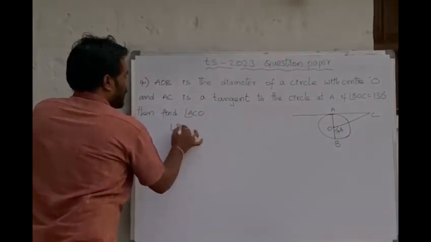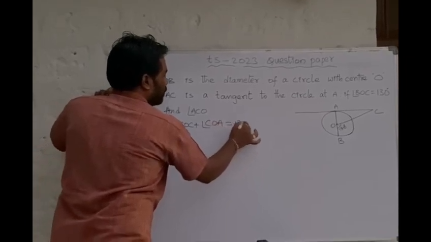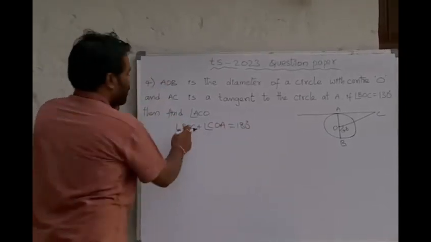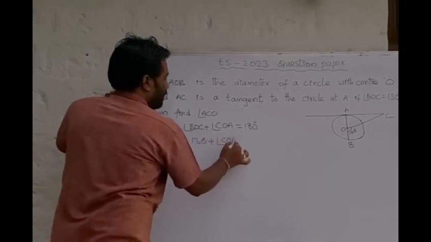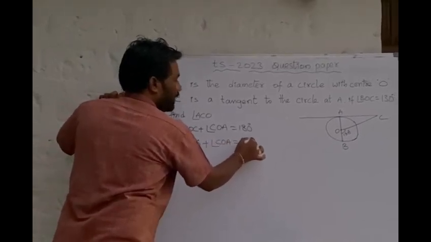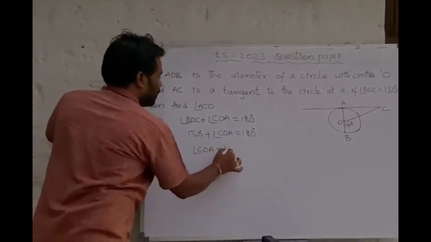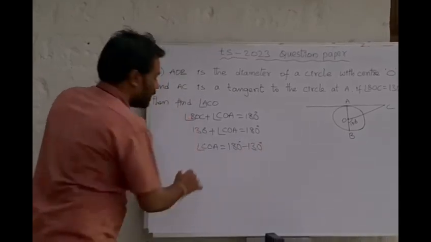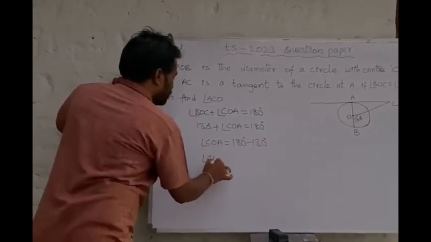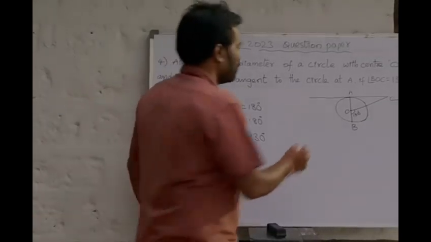Angle BOC plus angle COA is equal to 180 degrees. Already given BOC is 130. 130 plus COA is equal to 180 degrees. Angle COA is equal to 180 minus 130, so angle COA is equal to 50 degrees.